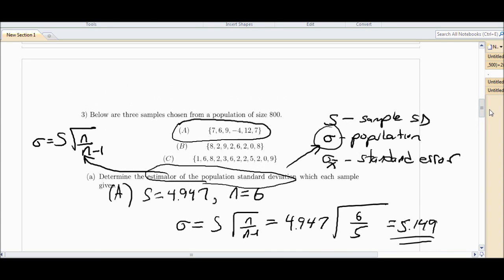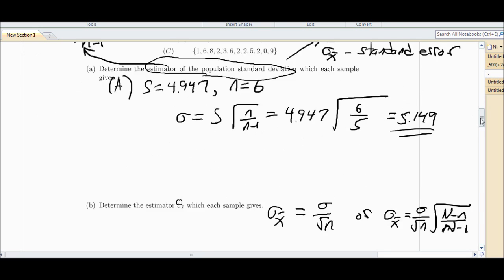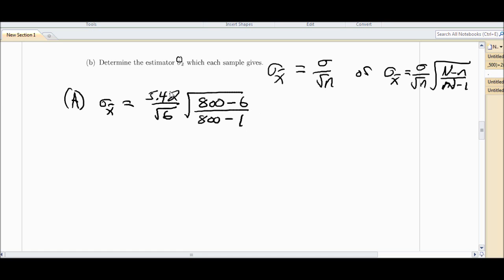And according to the problem, population size is given. So all we would do for set A is plug all our information into this. So sigma, which we just found in the last example, over the square root of n, which is 6, times the square root of 800 minus 6 over 800 minus 1. And you'd go ahead and calculate that out.